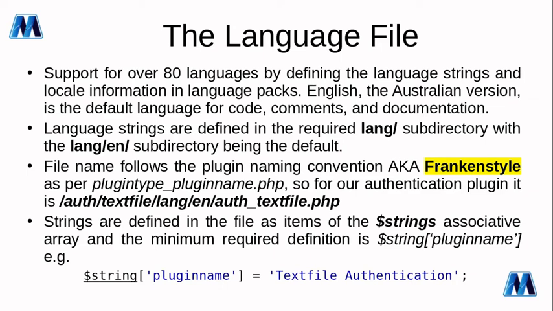Okay, and strings are defined as items of a strings associative array, and the minimum required definition for nearly absolutely all plugins is the string pluginname, which gives the name that's used when the plugin is being installed or uninstalled, etc.